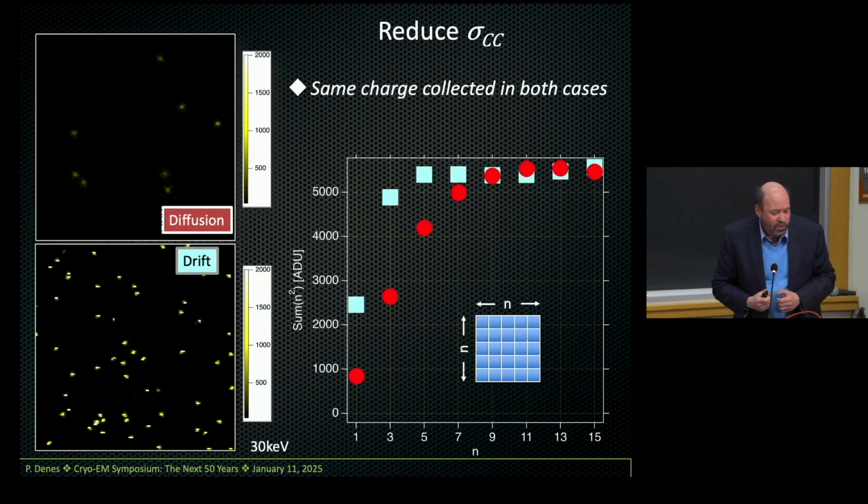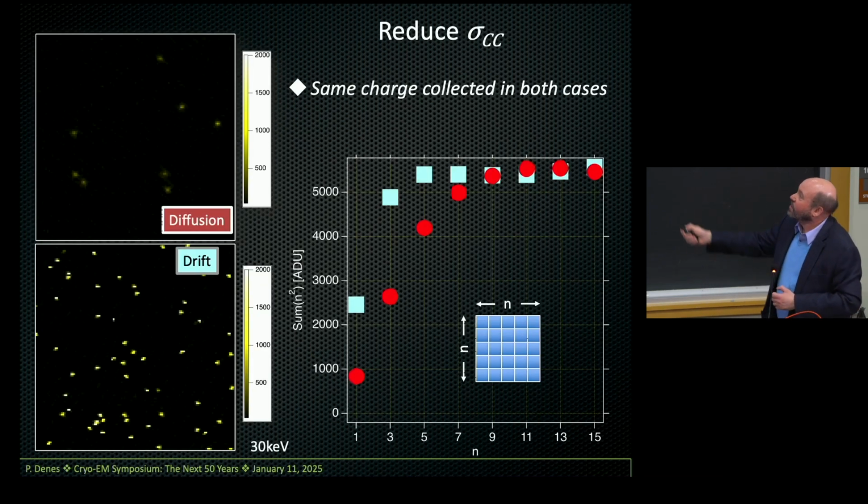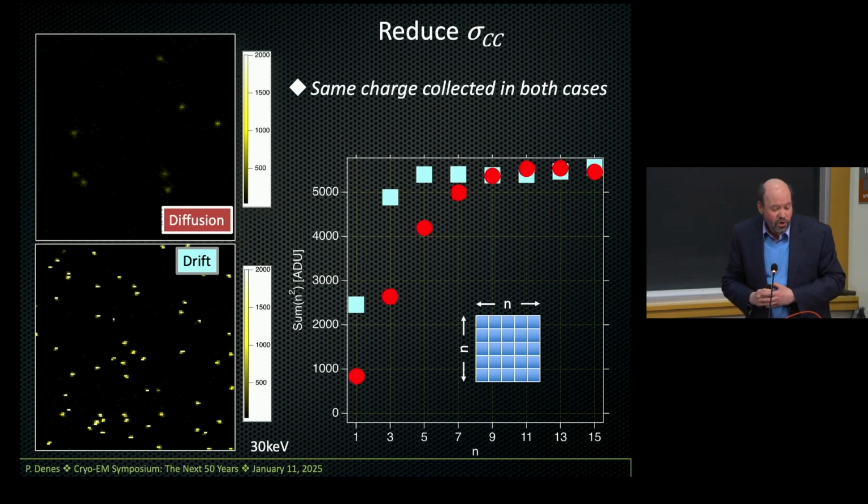And here's an example. So these are some electron images in a sensor that collects charge by diffusion or charge by drift. Same vertical scale. And in both cases, looking at this plot here that sums over larger areas, you always get all the energy. So you collect all the signal from here just as you collect from here.